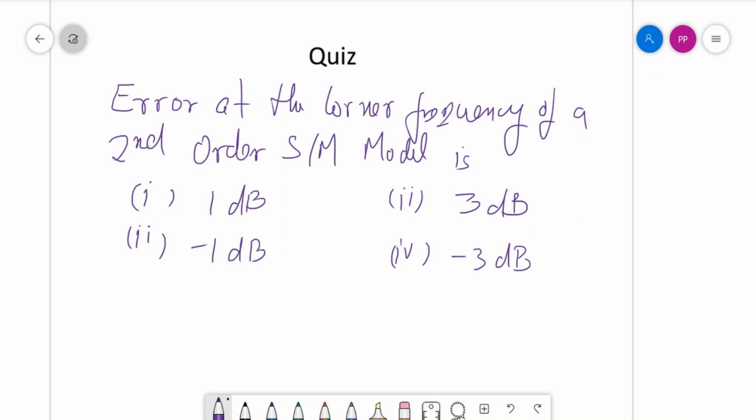So you have to find out the correct answer. Here I am not going to discuss with you about the error, but I will advise you to go to the lectures back and find out what should be the error of the second order system model at the corner frequency. So with this brainstorming, let us start today's topic.